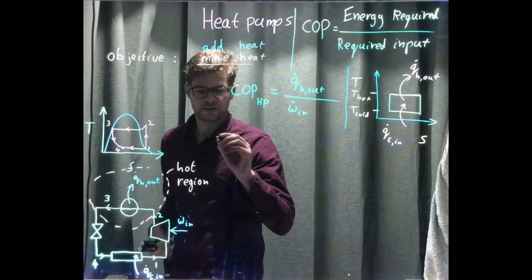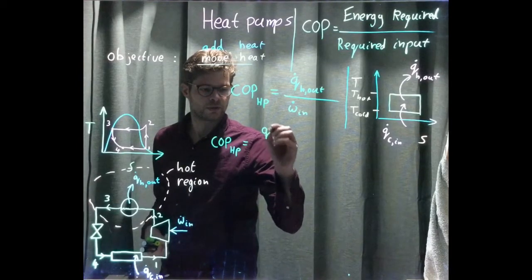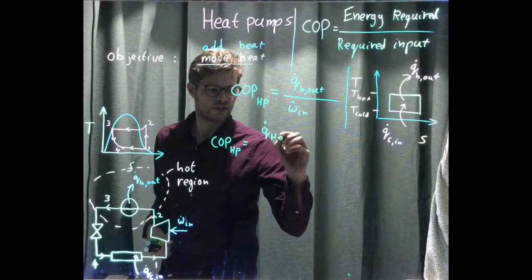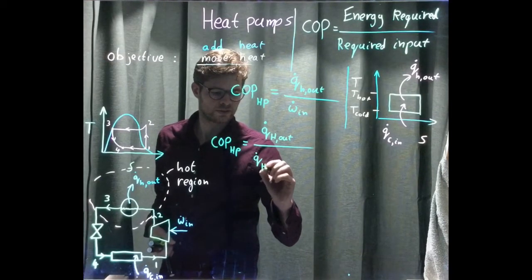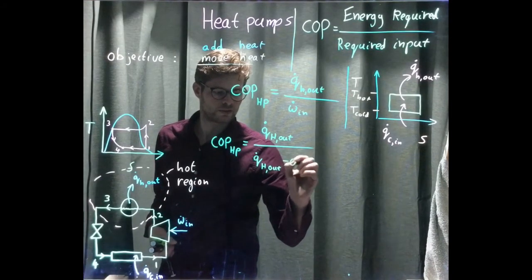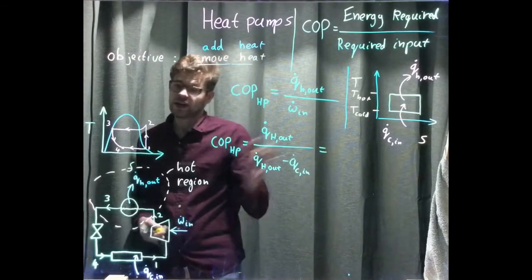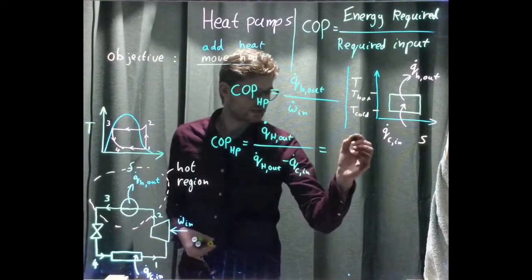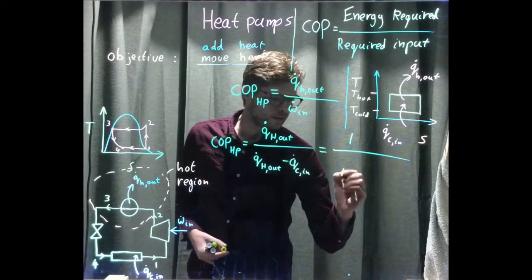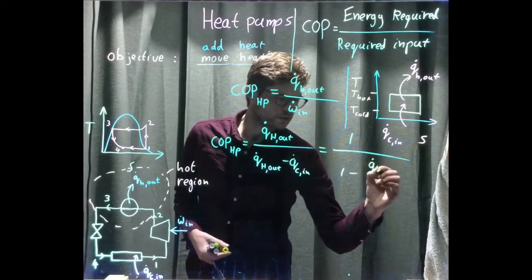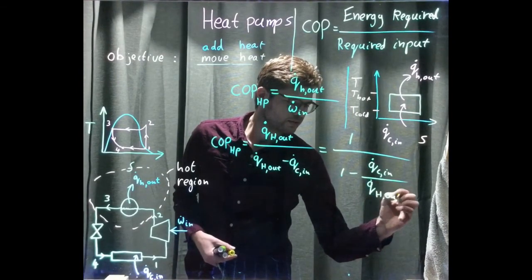So my coefficient of performance for a heat pump will become Q hot out divided by Q hot out minus Q cold in. Dividing everything by Q hot out results in 1 over 1 minus Q cold in over Q hot out.